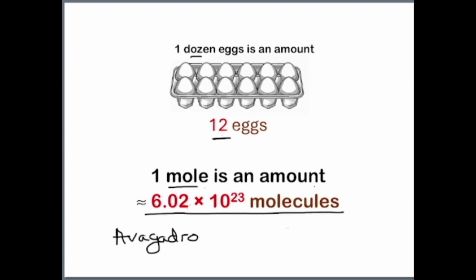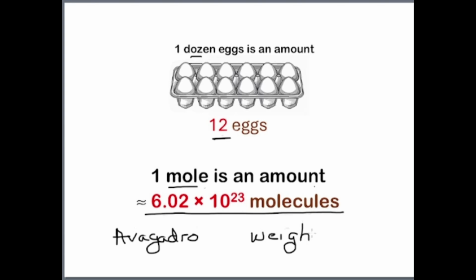That number is kind of strange, but don't worry, you do not need to memorize it for the purpose of making solutions. If you're trying to measure out solute and you want a mole of it, you're not going to be counting out molecules. Nobody can see a molecule, and you certainly couldn't measure out 6.02 times 10 to the 23rd of them. So instead we use something we can measure out, which is weight.